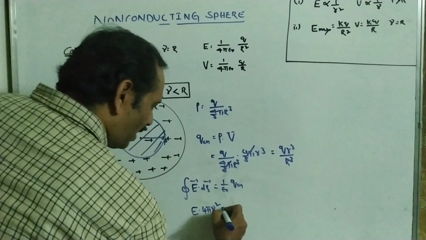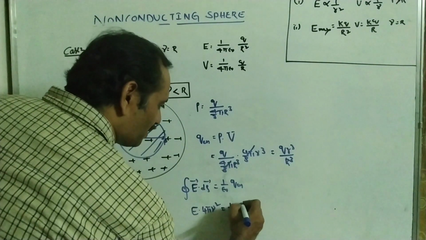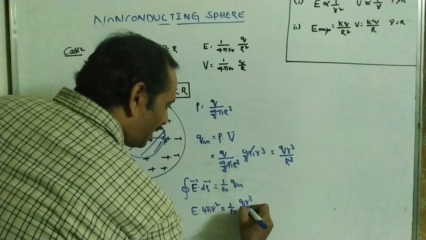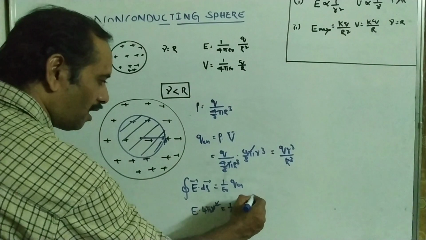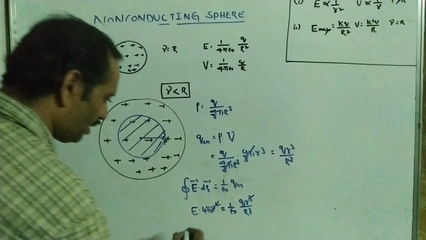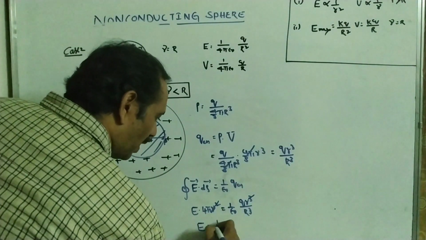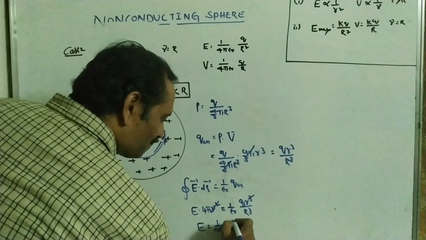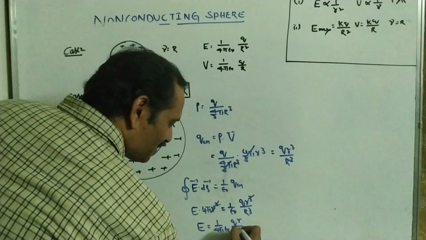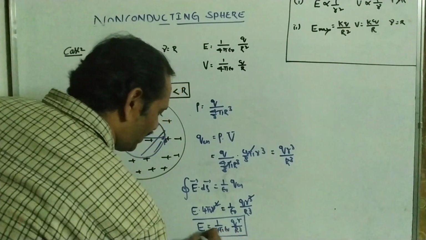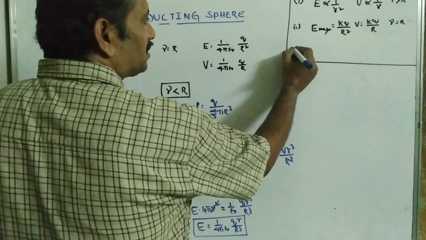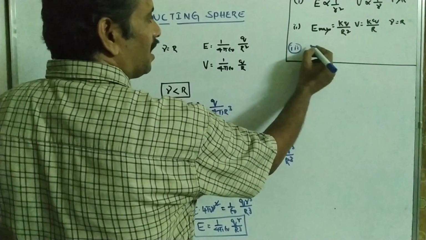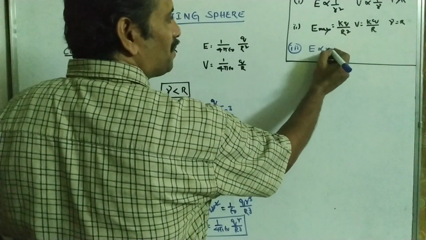Then 1 by epsilon 0 times charge enclosed, q r cube by capital R cube. r square and r cube get cancelled. E equals 1 by 4 pi epsilon 0 q r by R cube. This is the electric field due to inside. That means in the third case we are getting E proportional to small r.